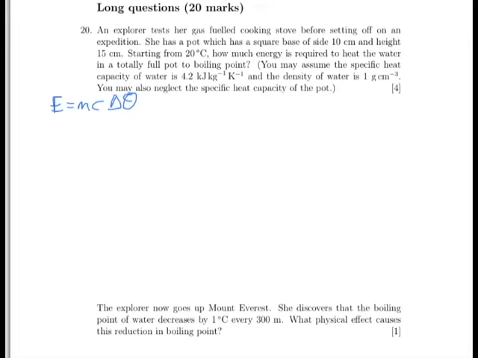So it has a square base of side 10 centimetres, so our volume is going to be equal to 10 times 10, and a height of 15 centimetres, so times 15, that's 100 times 15, which is going to give us 1500 centimetres cubed.